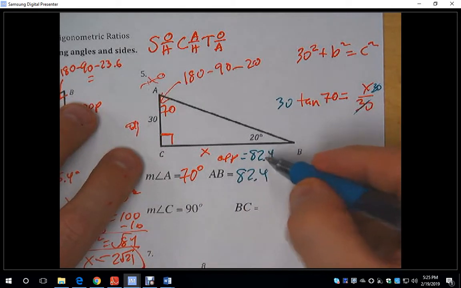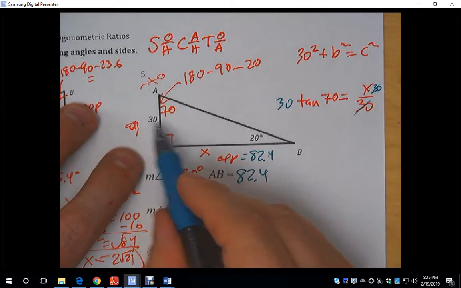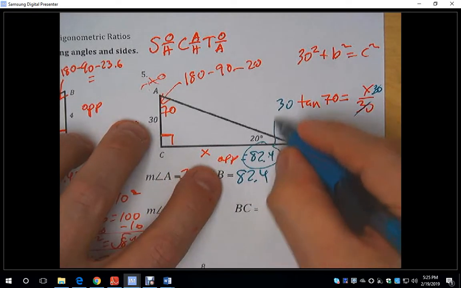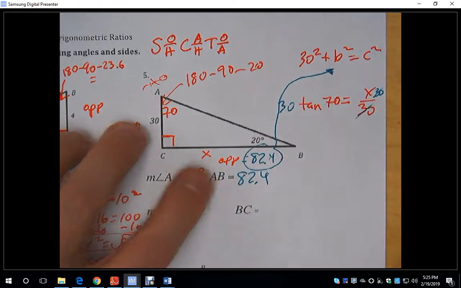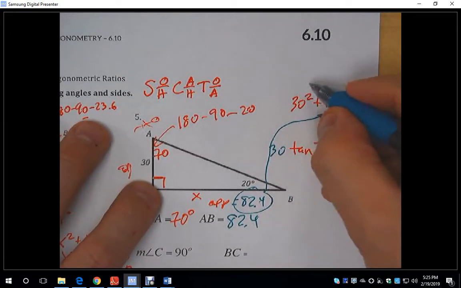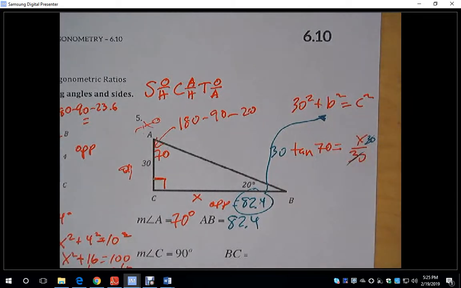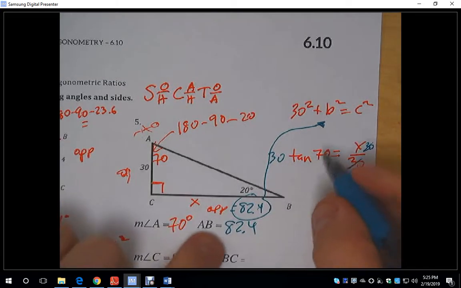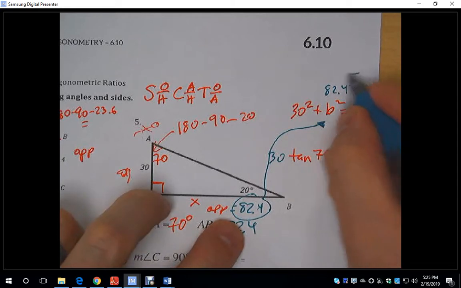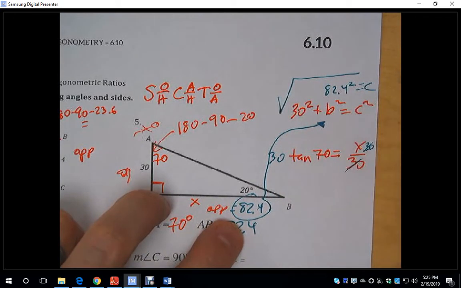Now that I have this side here, I have 2 sides of a right triangle, so I could plug that into our Pythagorean theorem to solve for it. So that would give me 30 squared plus 82.4 squared. And then we just square root both sides, right, to give us what C is.